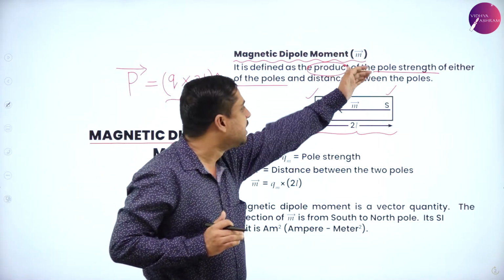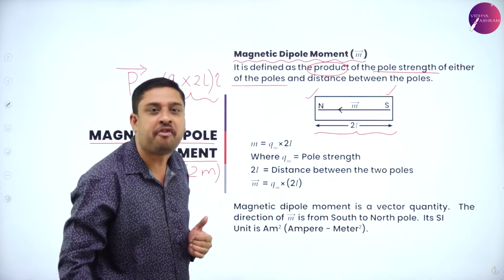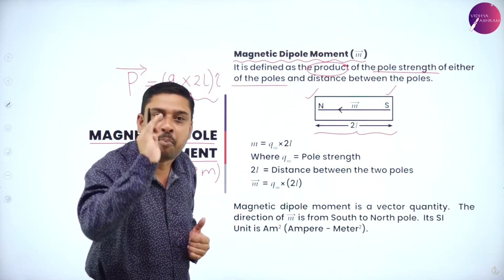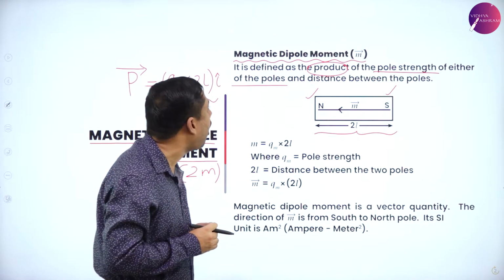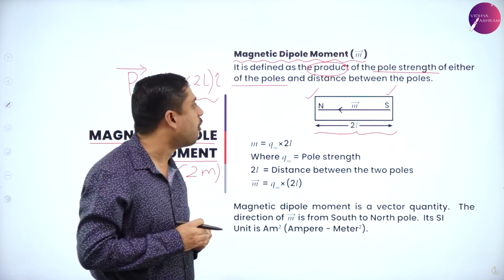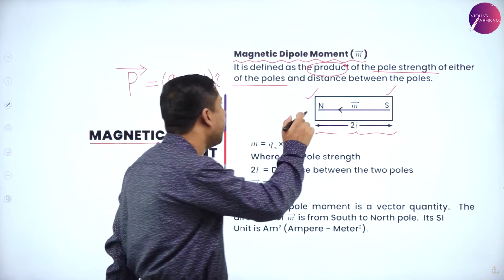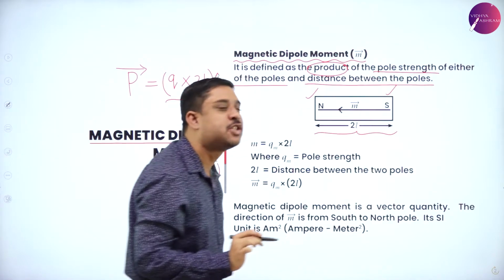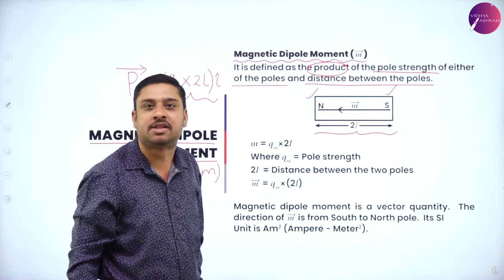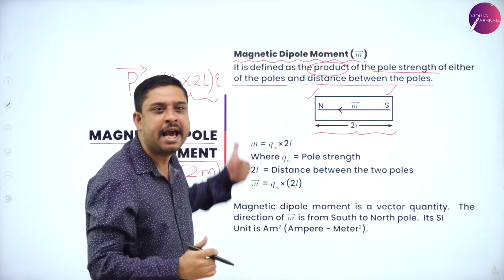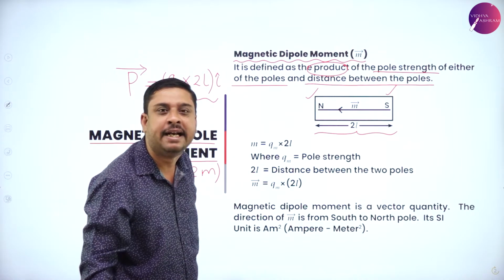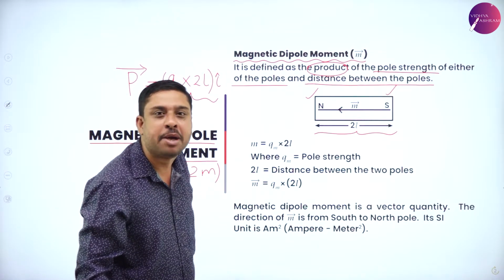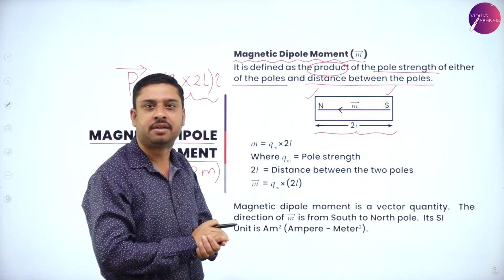So it is the product of the pole strength of either of the poles and the distance of separation between the poles, exactly as we defined electric dipole moment.